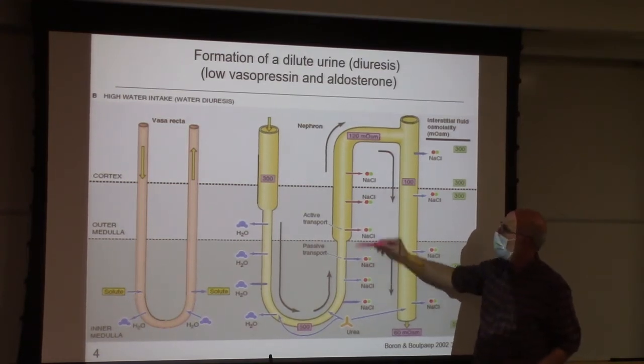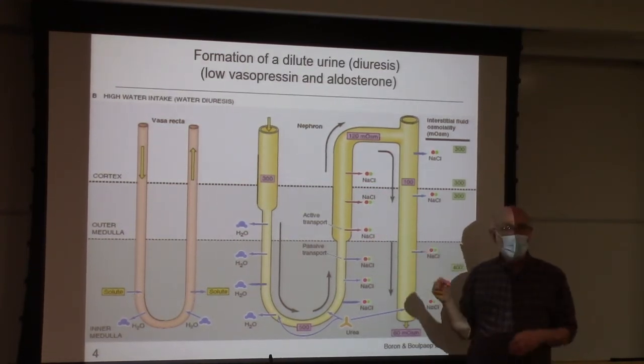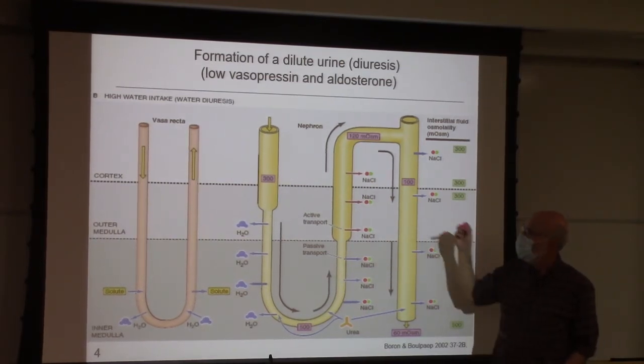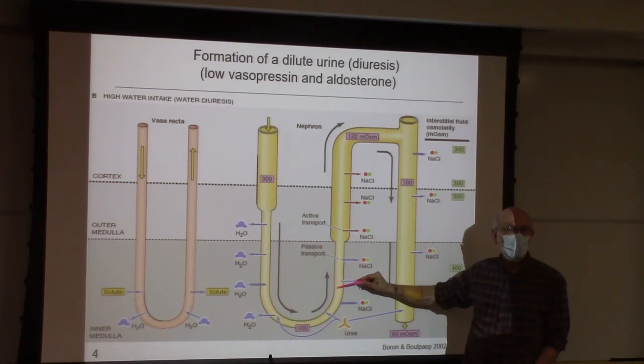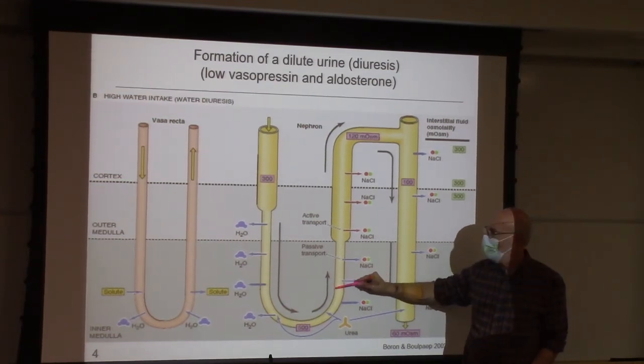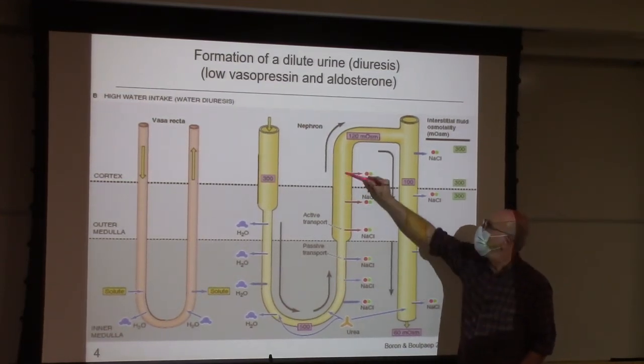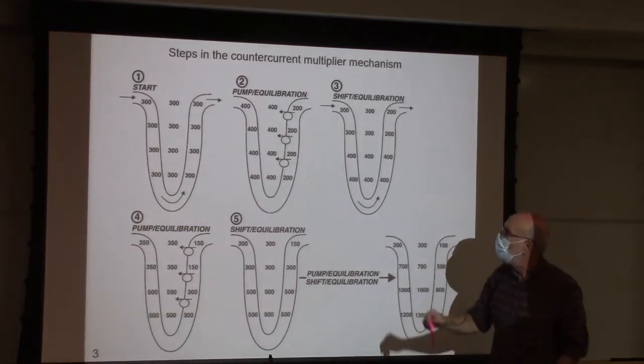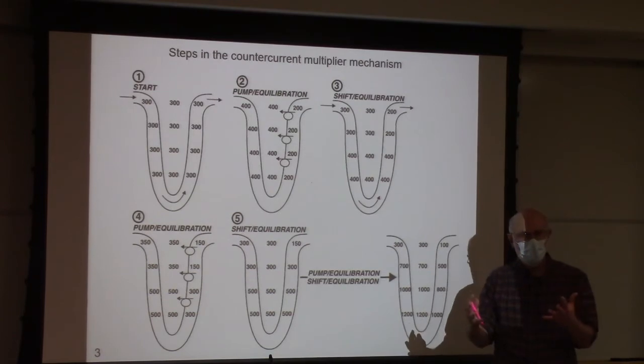It doesn't say high or low, it happens. But you should annotate this slide by saying low sodium pumping on the ascending limb. And so the countercurrent multiplier is not optimized.